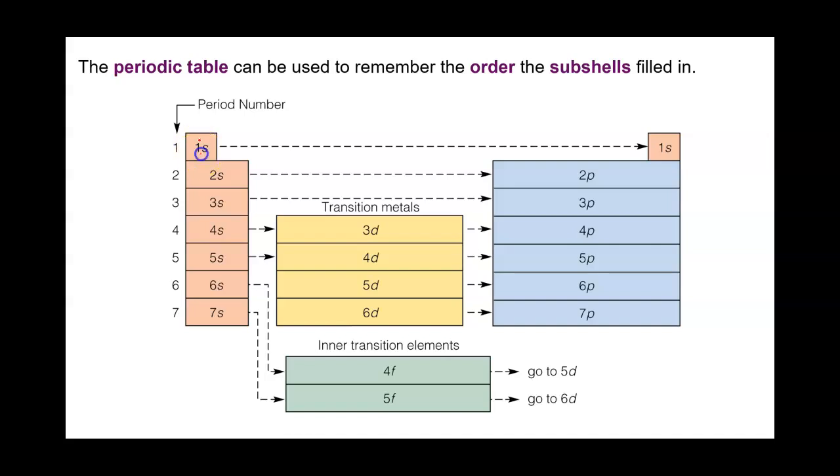So you could start 1s1, 1s2, 2s1, 2s2, 2p1 through 2p6, 3s1, 3s2, 3p1 through 3p6, 4s1, 4s2, 3d1, all the way through 3d10, back to 4p, 4p1, and so on. And if you want, you can use this method. Like I said, most folks find the Aufbau diagram is a little easier.